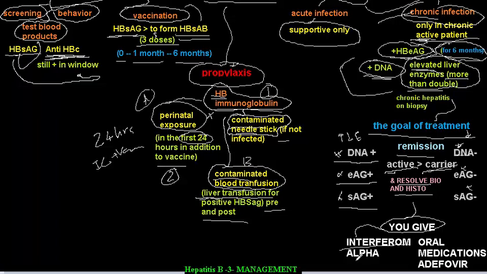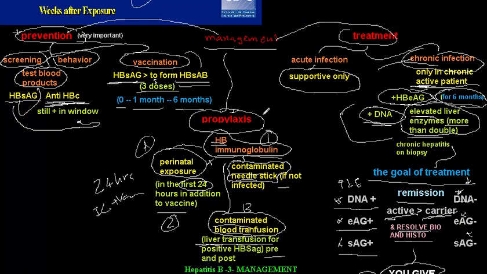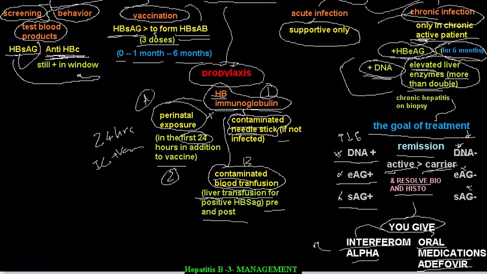Interferon alpha used to be used, but now they mostly use oral medications like Adefovir. So this is the management of hepatitis B: the prevention, the prophylaxis, and the treatment only in chronic cases, to make the active case just a carrier case.